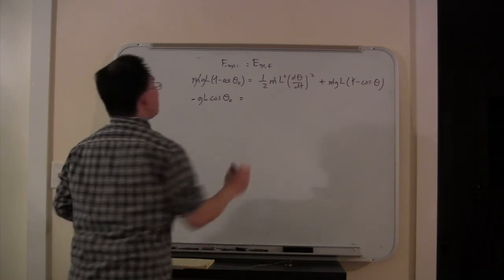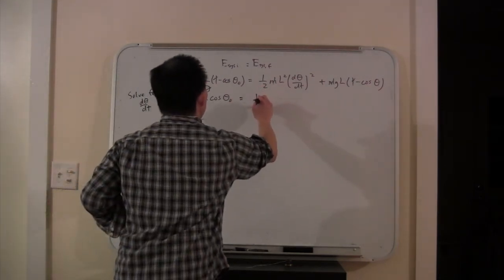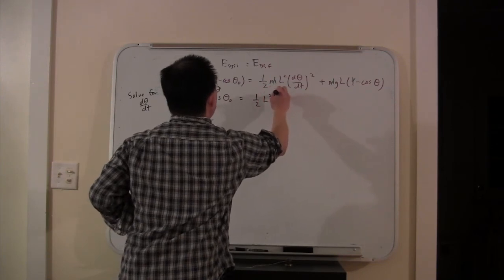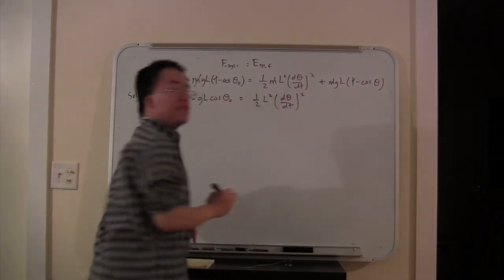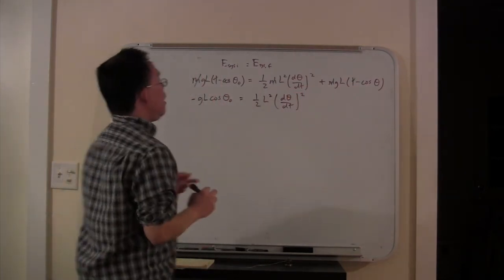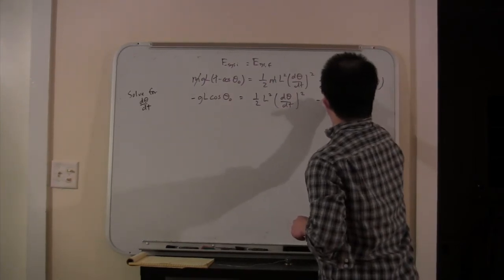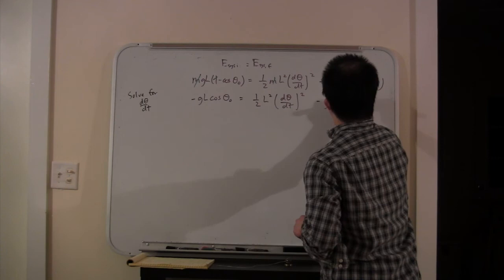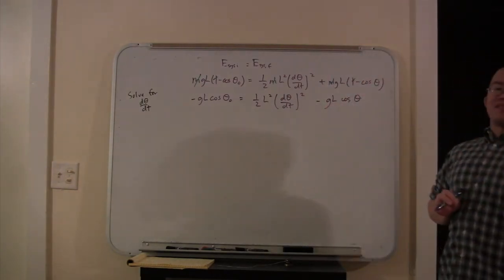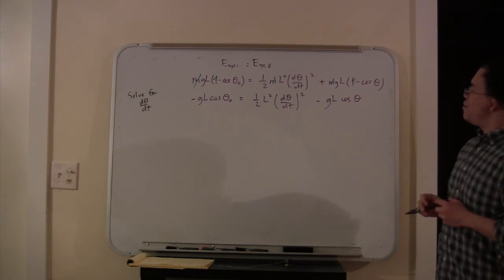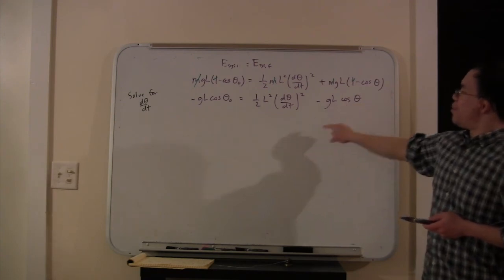Here on the right, we already canceled an m, so this is now 1/2 L squared d theta dt, the quantity squared. And then similarly over here, we have a minus GL cosine of theta. Okay, so this is already looking better. What I'm going to do is add this term to both sides.